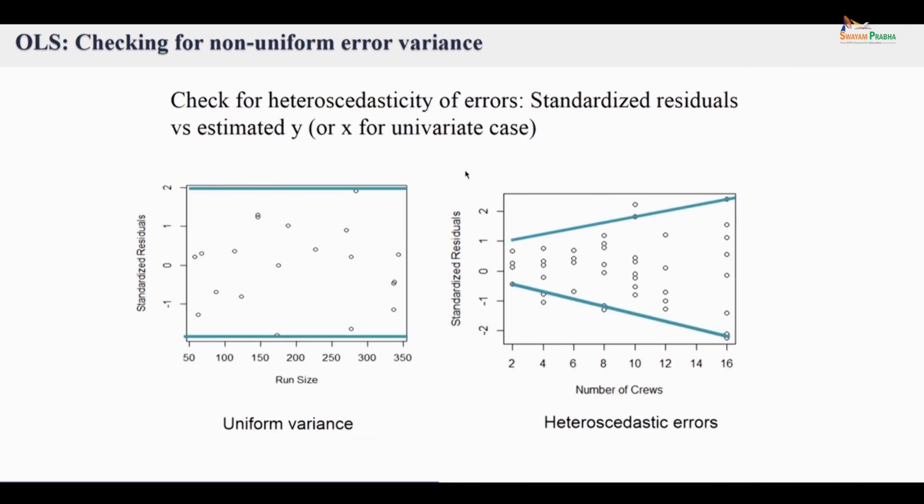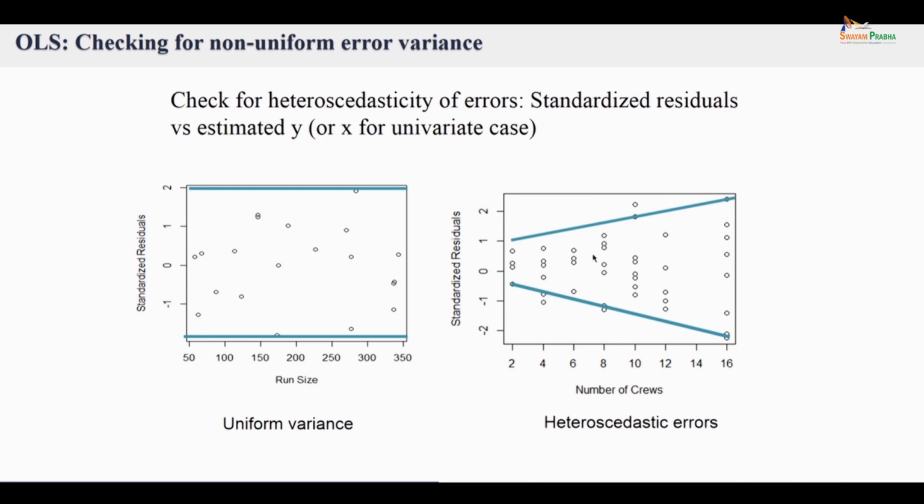A third thing that we need to test is whether the error variances in the data are uniform or have different variances for different samples. And again, here what we do is look at the residual plot, the standardized residual versus the predicted value is what you have to plot. And if you do and look at this, in some cases there is no particular trend in the residuals.